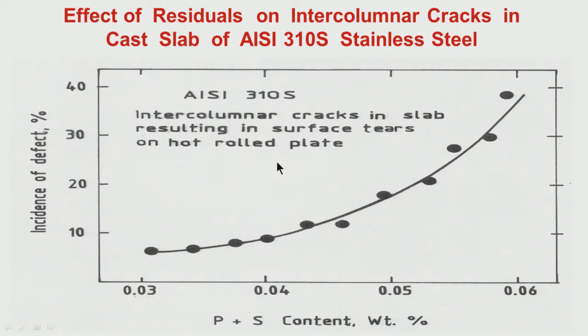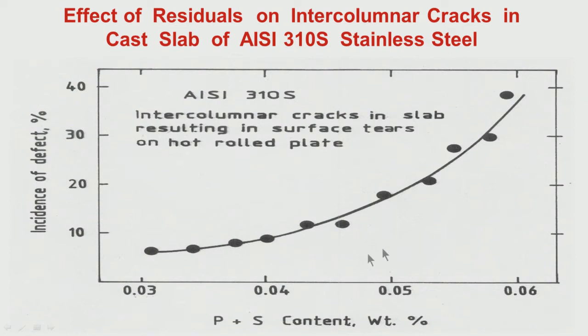So, what has to be done? As I have mentioned, this is happening due to microsegregation, because of austenitic solidification. So, the solution lies in controlling the amount of phosphorus and sulfur. That is what we have done.